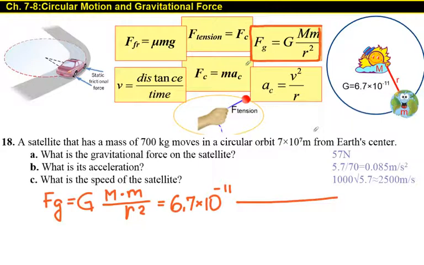Then the mass of Earth, you don't have to remember this number, it's in the lessons, is 6×10^24. The mass of the satellite is 700 kilograms, and the distance between the satellite and the center of the Earth is 7×10^7 meters, squared.